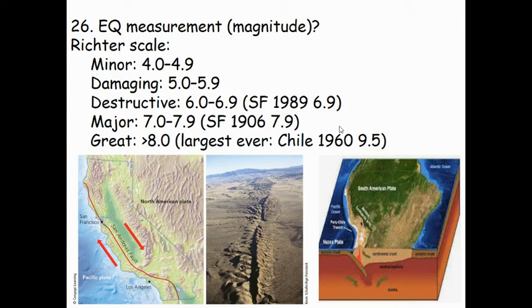Major earthquakes are going to be in the 7s. The '06 earthquake was a 7.9. And massive earthquakes, which are referred to as great earthquakes, are larger than 8. And the largest ever was Chile, a 9.5.